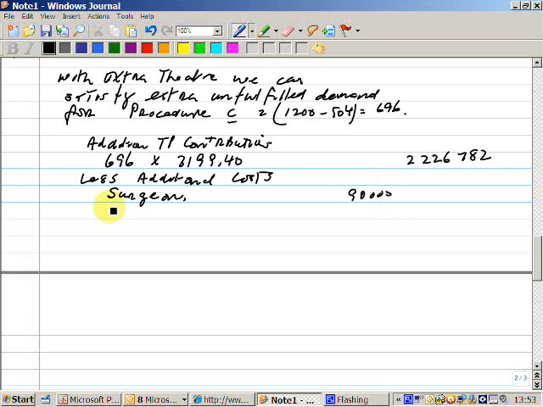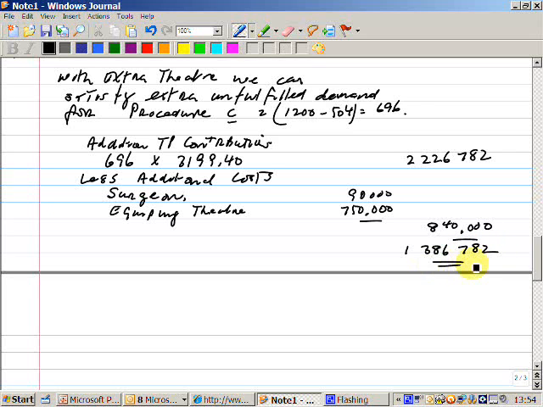And equipping the theatre is 750,000, we're told. So there's the additional costs, a total of 840,000, and what we've got then is an additional contribution, an additional profit I should say, of that.